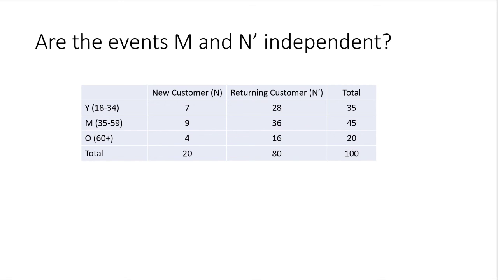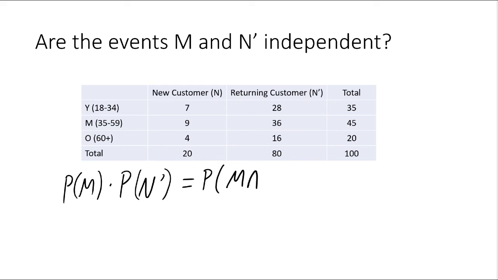So for these to be independent, then P of M, the probability of being in the medium age group, times the probability of being a returning customer, N complement, would need to equal the probability of M intersect N complement. So the probability of M, that would be everybody in the M group, that's 45 out of 100, times P of N complement, that would be 80 out of 100.